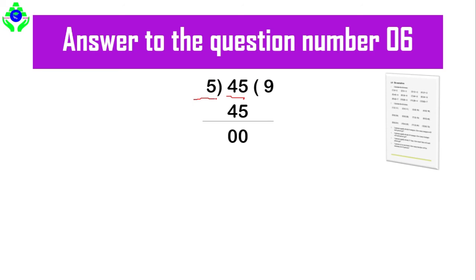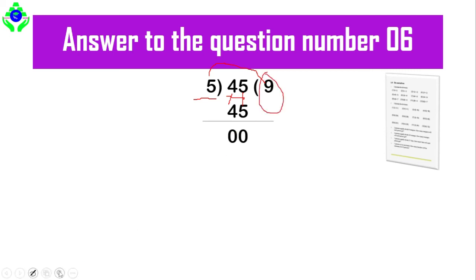That's why we write a 5 here. And now the question is, divide 45 into 5 different parts. You know that 5 times 9 is equal to 45, and 5 minus 5 is equal to 0. 4 minus 4 is equal to 0. So the answer of this question will be 9.